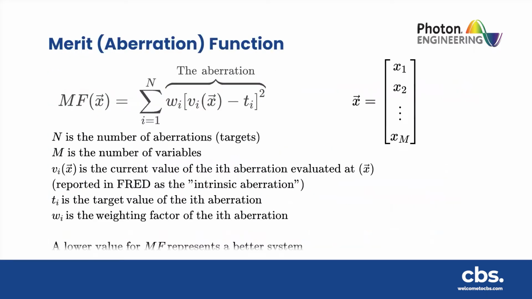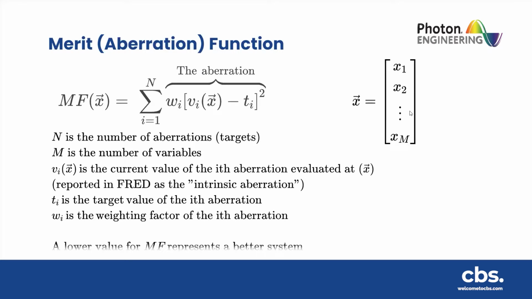The merit function essentially looks something like this. And just to explain what's going on here, this variable vector x will contain all of the items which we can vary. So that could be a curvature, a z location of an optic, things like this. And we have m variables.